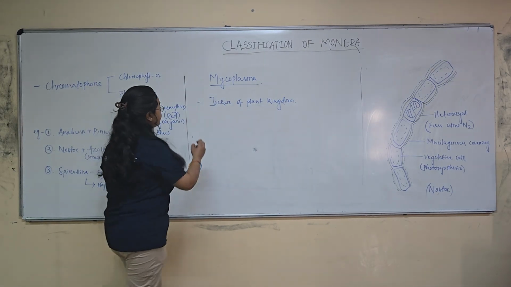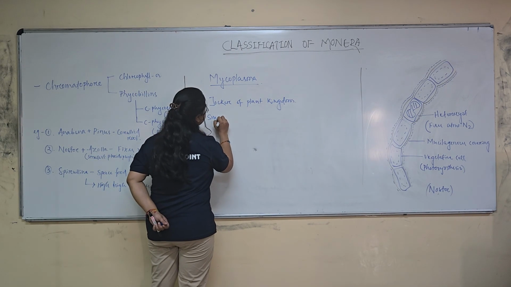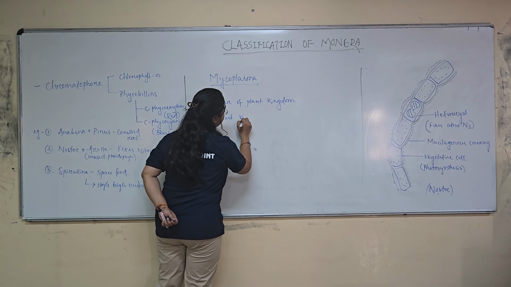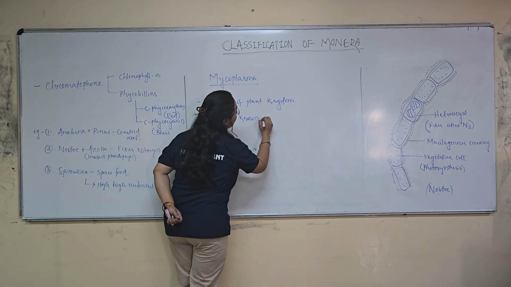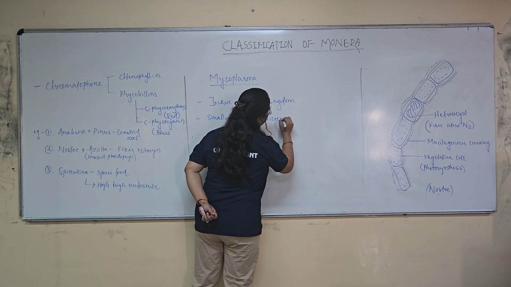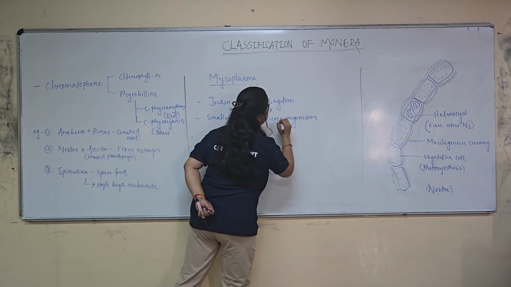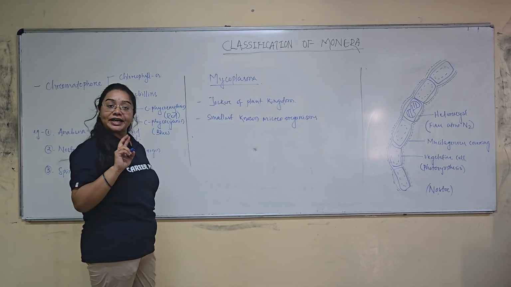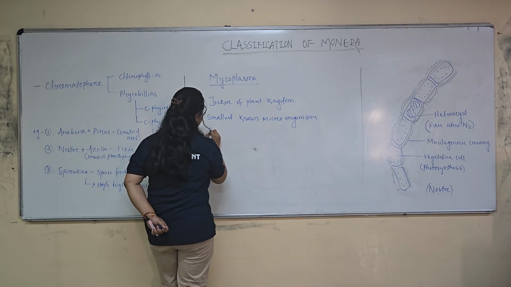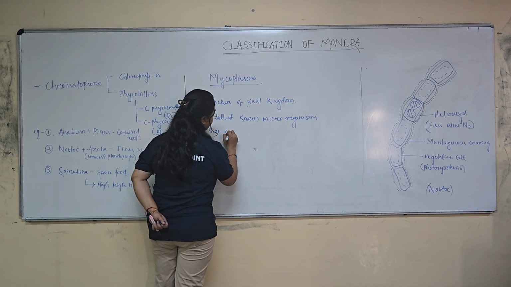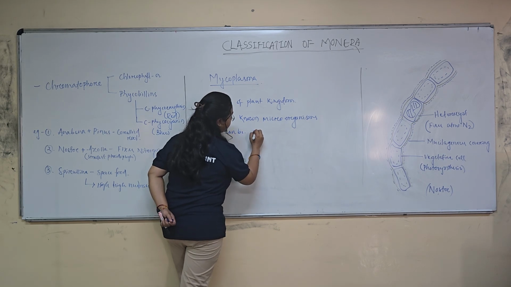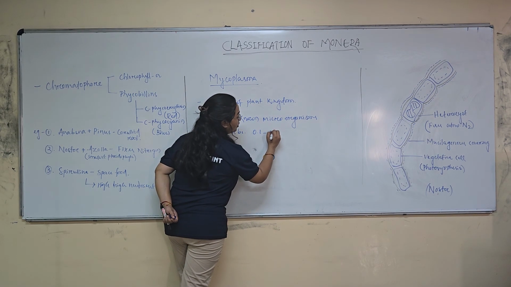Okay, they are the smallest known microorganisms. Their size can be 0.1 to 0.3 micron.